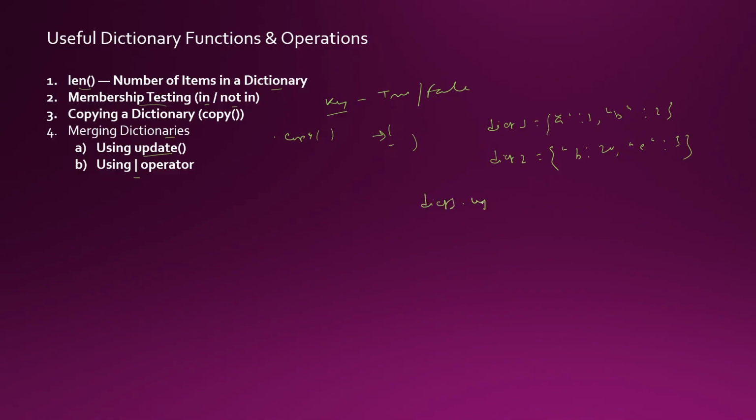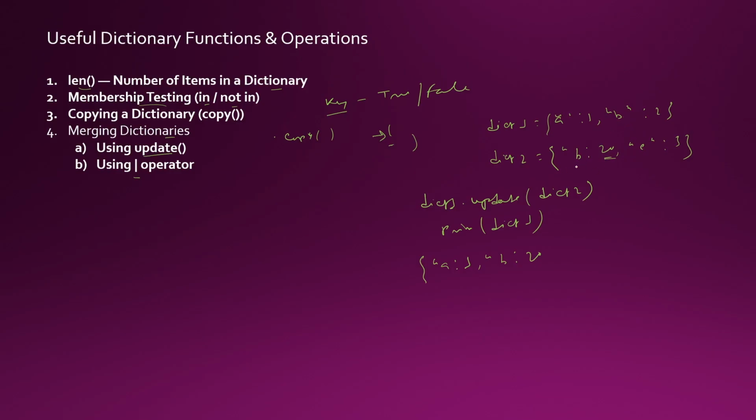Now if I write dict1 dot update dict2, and then I print my dict1, it will give me the output as A 1, B as 20, because B has been updated to the new value. I told you existing keys get updated, as B is there in both dictionaries.